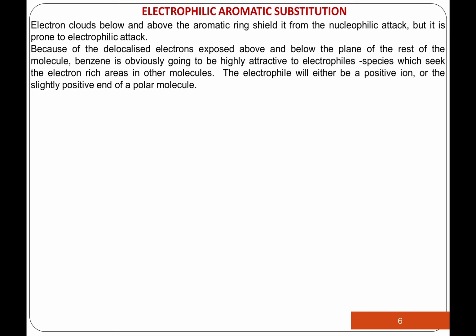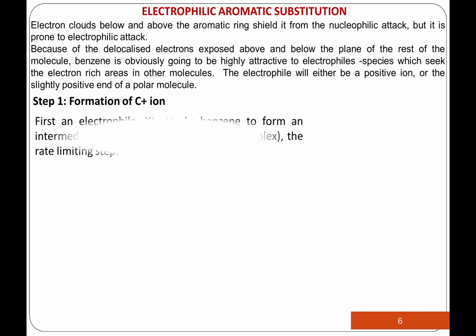Now the first step is the formation of a carbonium ion, and this carbonium ion is the result of the addition of the electrophile.